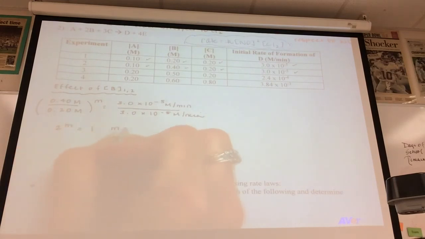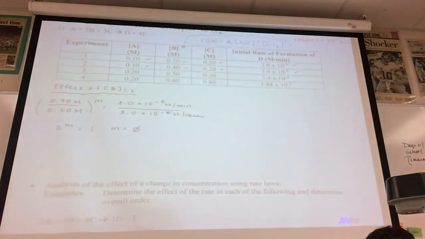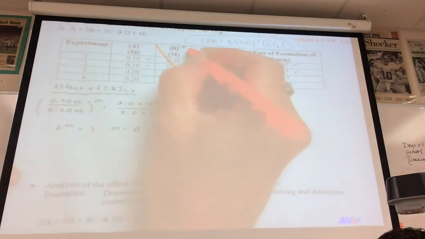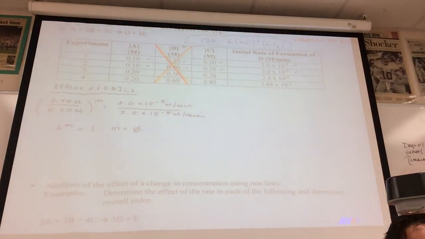So m is 0. 0 order with respect to B. If a reactant has 0 order, does altering its concentration affect the rate? No. So we can literally just cross this out. Changing the concentration of B does not affect the rate, so we don't have to hold it constant.